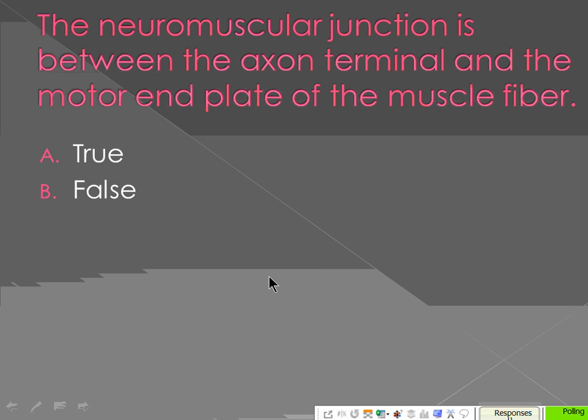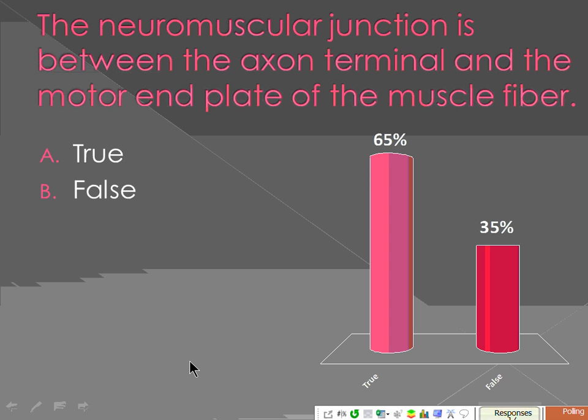Okay, so here, the neuromuscular junction is between the axon terminal and the motor end plate of the muscle fiber. Is that true or false? This is true.